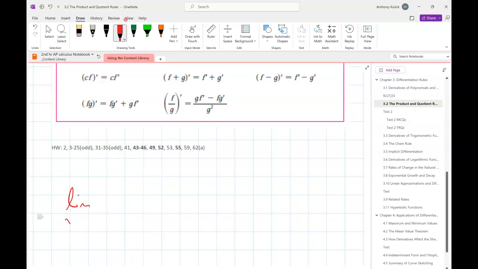Let's do this. So we know this is true, right? That's one of our derivative rules, or definitions of a derivative.